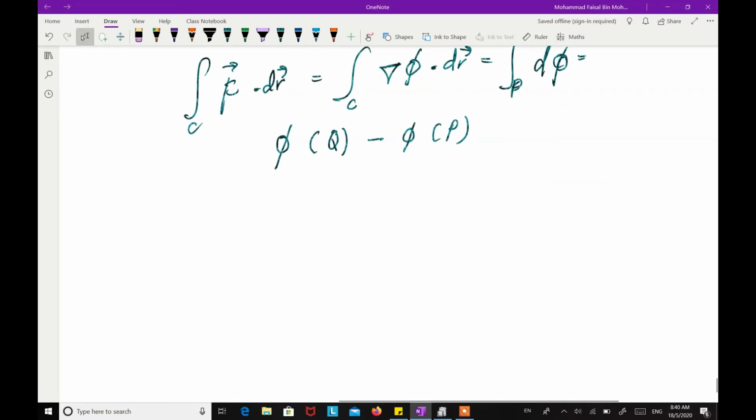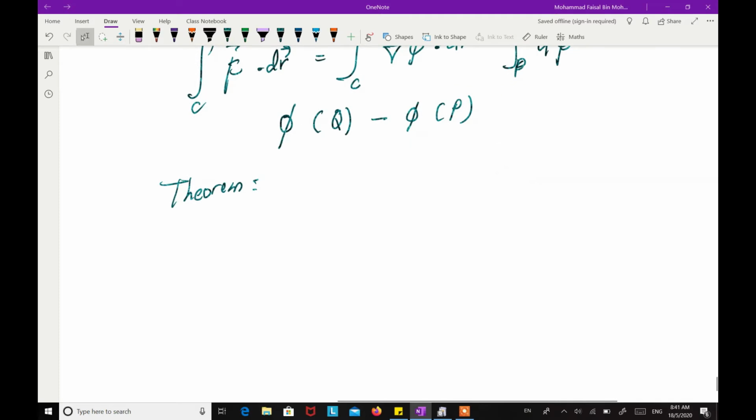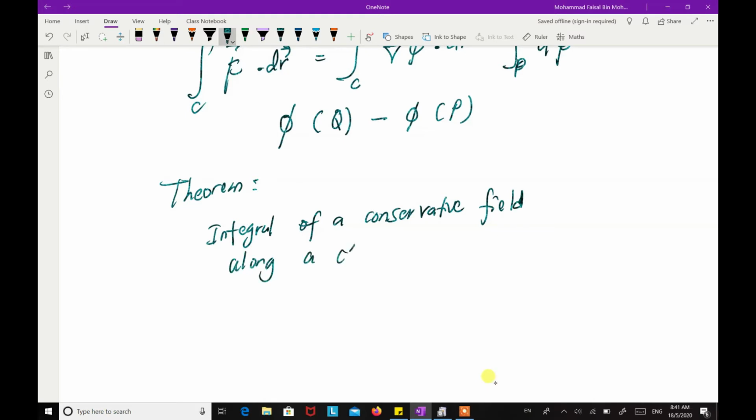So the theorem about independent path: the integral of a conservative field along a closed loop is equal to 0.